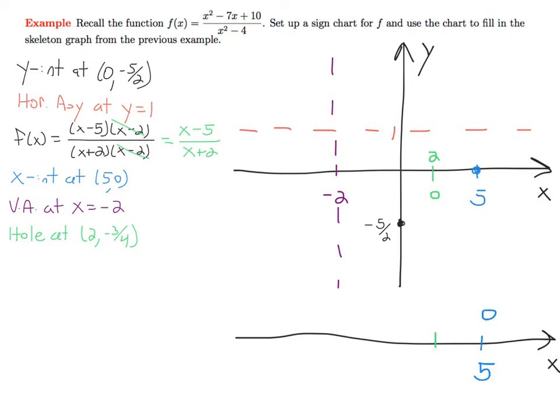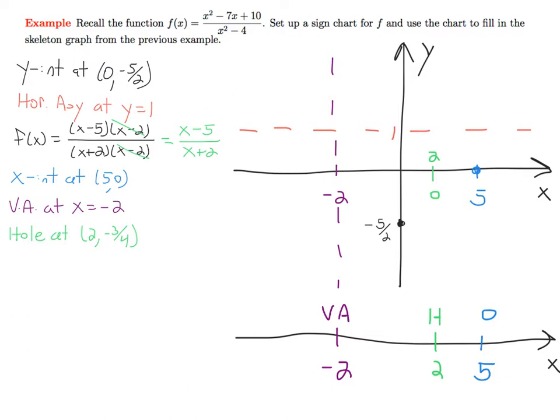At x equals 2, I'm going to put an h over that value because the function had a hole in the graph at x equals 2, and at x equals minus 2, I'm going to put a VA over that value because the graph had a vertical asymptote.